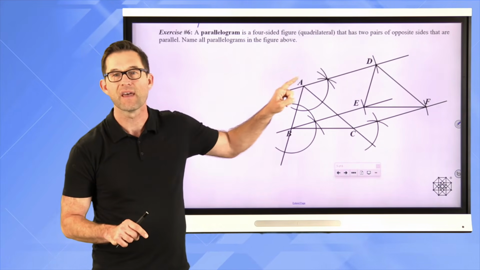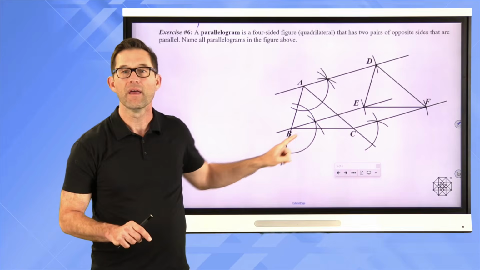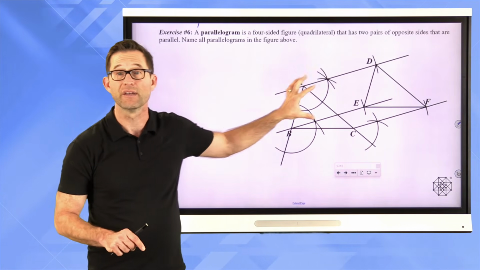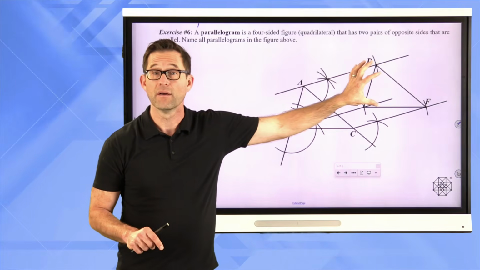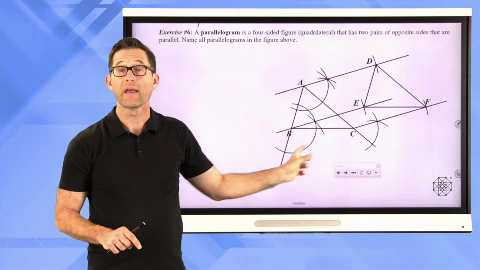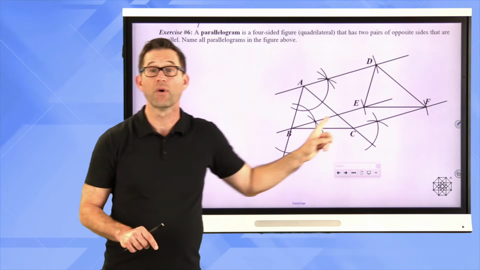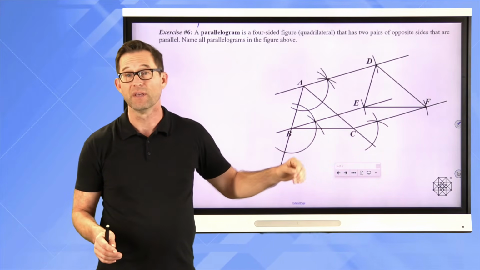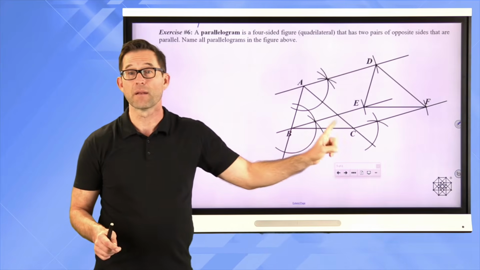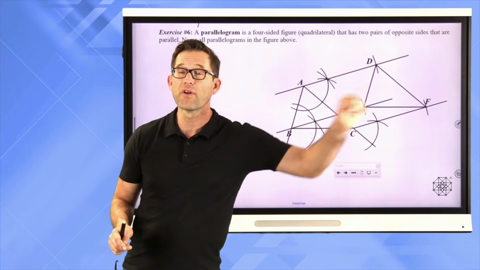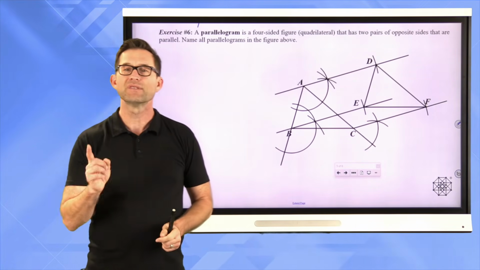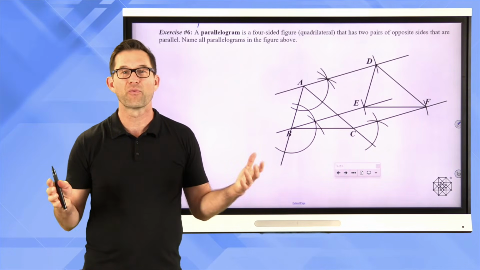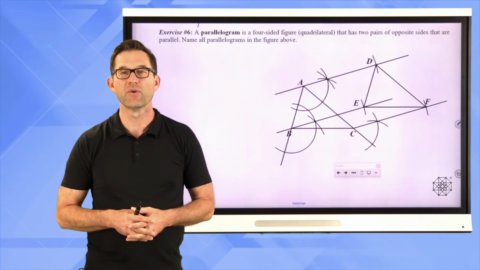So for instance, AB is parallel to DE because DE is a translation of AB across that vector. Likewise, EF is going to be parallel to BC because it's just a translation of BC, and the same thing can then be said about AC and DF. They're all parallel to each other. So see if you can name the 3 parallelograms in here. See if you can name them.